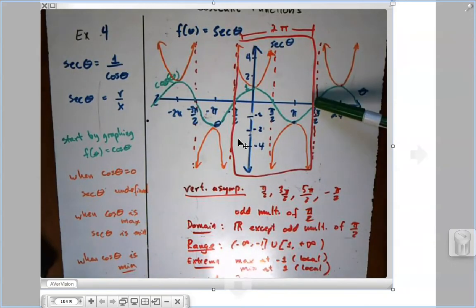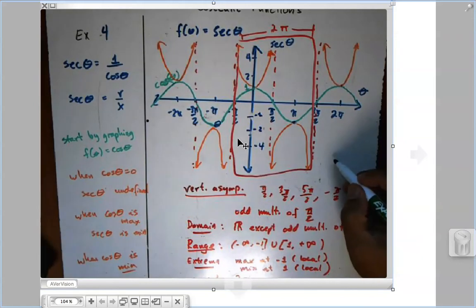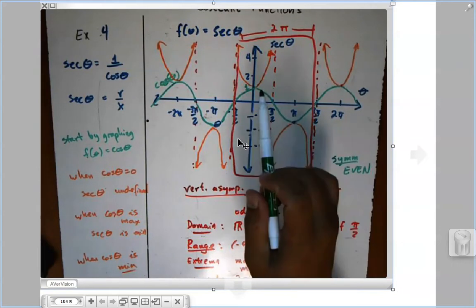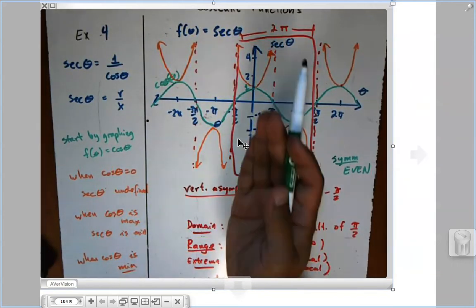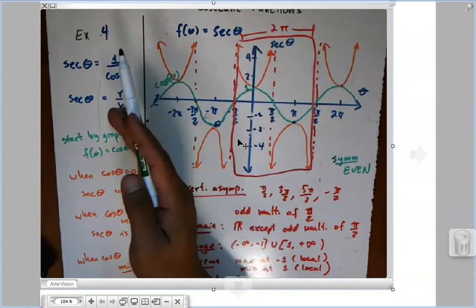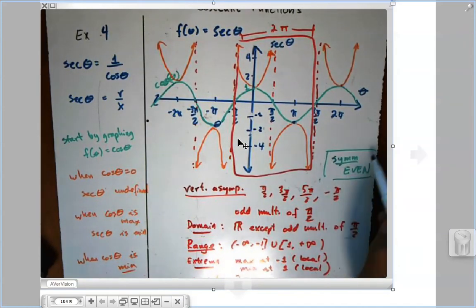When cosine is 0, well, that's when you have these vertical asymptotes, excuse me. And the symmetry of this is actually even. If you look at the orange graph only, I know it's kind of hard to see with all this other stuff, but the left side of this is symmetrical to the right side of it. Okay, so the symmetry here is even.